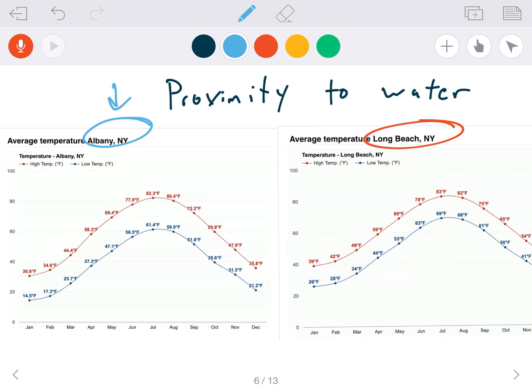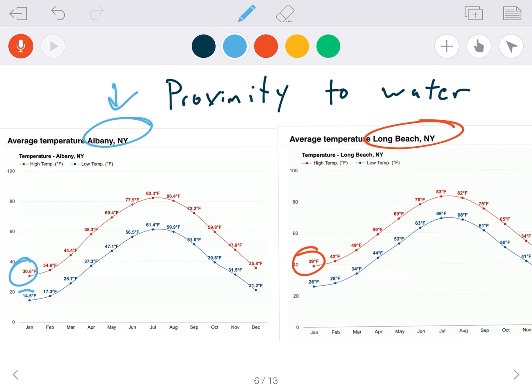So how does that affect your yearly climate or long-term climate? It has to do with these 2 charts. So you'll see that Albany had a high of 30.6 degrees Fahrenheit in January, whereas Long Beach had a 39, right?